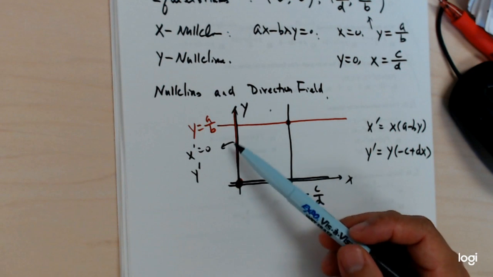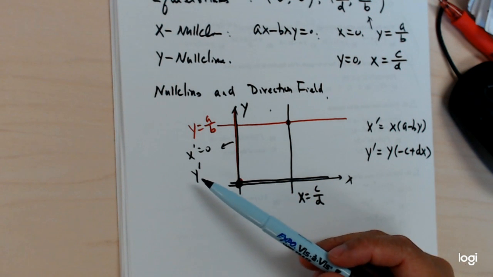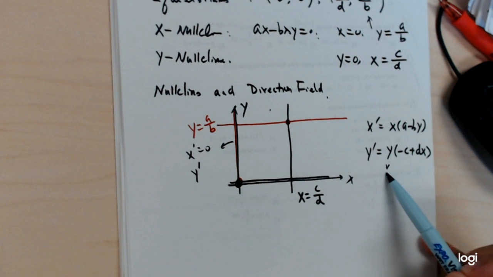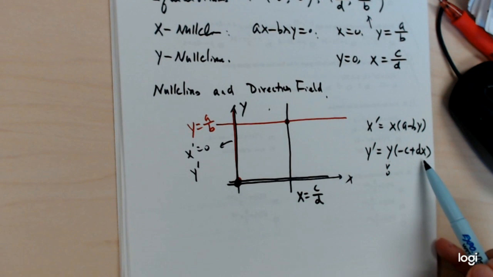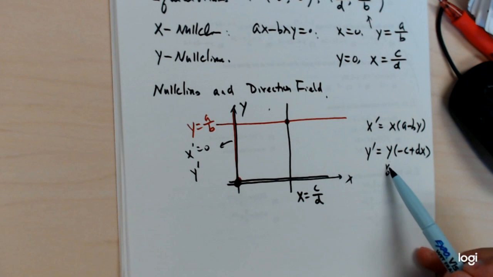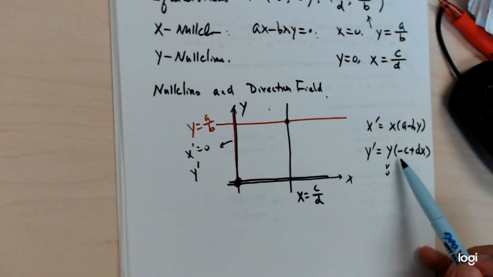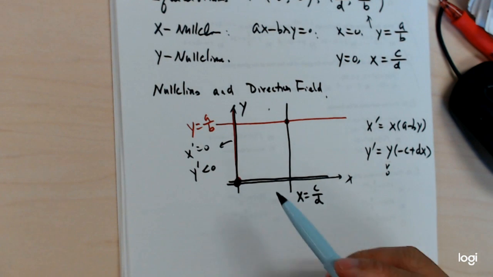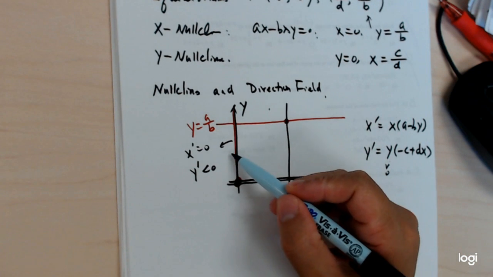So along this nullcline, I'm going to check y prime. The y is always positive. X is 0, this is x equal to 0. So for the sign of y prime, there's a negative c here. It's negative, so y prime is negative, meaning the direction field will be pointing downward like that.